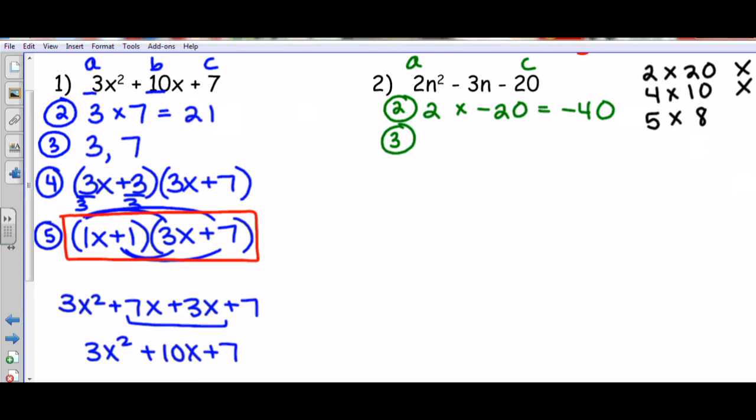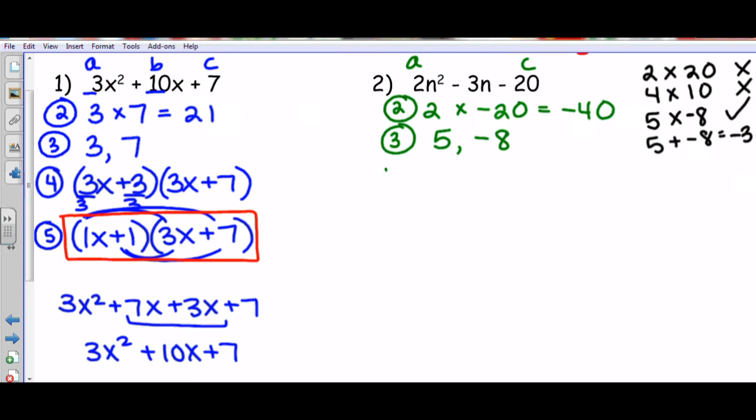If I make my 8 negative, 5 plus a negative 8 would give me a negative 3. I know the difference between the 8 and the 5 to be a 3, so at that point I can just change my signs to accommodate the number that I want. So my two factors here will be a positive 5 and a negative 8, because when I multiply, they give me negative 40. When I add, they give me my negative 3, which is my B term.